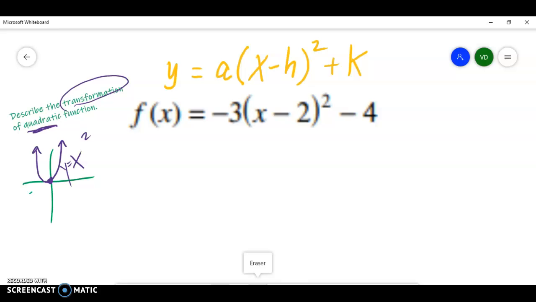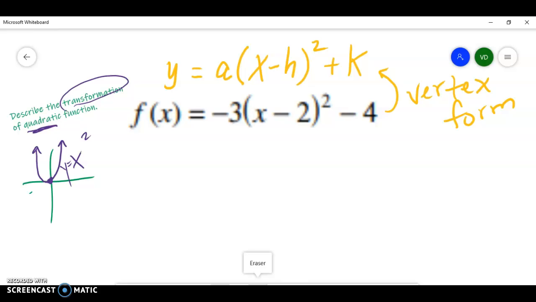So it closely resembles vertex form. This one is the easiest to find transformations from.